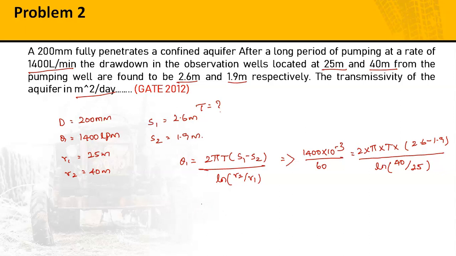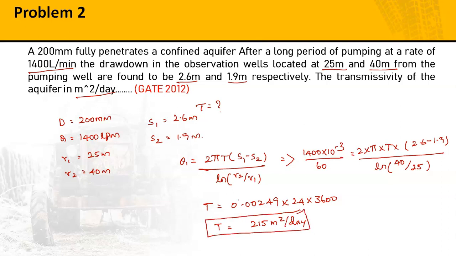So when you substitute these values, transmissivity T is equal to 0.00249. We want to find the answer in meter square per day, so multiply this with 24 into 3600 to get per day. So transmissivity T is equal to 215 meter square per day. This is the correct answer.